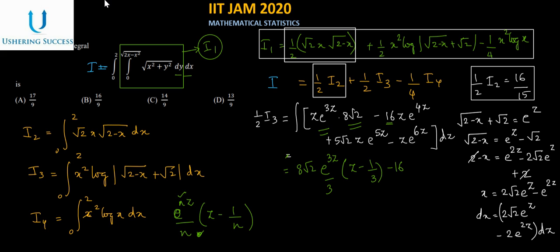So minus 16 z e to the power 4z will become e to the power 4z over 4 into z minus 1 by 4. So this would be my second term. The third term is 5 root 2 e to the power 5z.